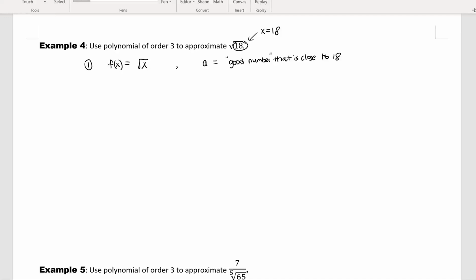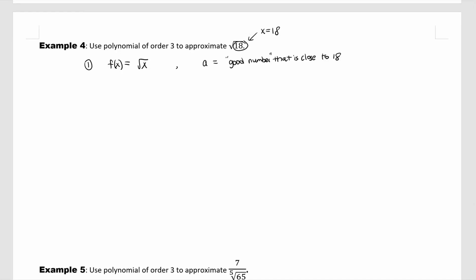Well, a good number is a number you can calculate, so we can calculate f of a and f prime of a easily. So what is the good number? Okay, 16, right? We know square root of 16, so a is 16.